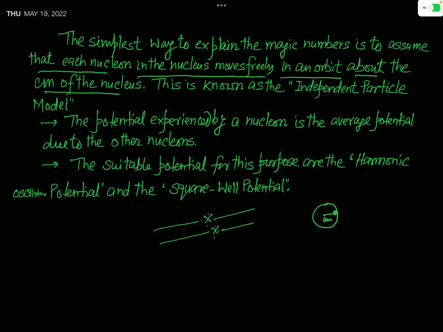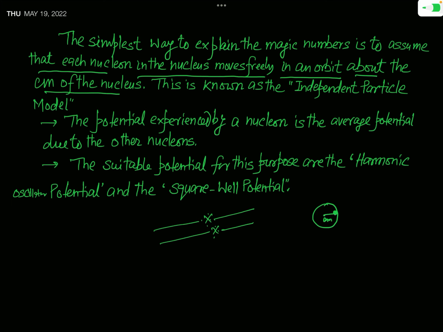In fact, the best way seems to be just to guess a plausible type of potential with which the Schrodinger equation can be solved analytically. It means we just have to guess the potential, not find the actual potential that will be developed due to the interaction between the different nucleons, whose number is very large.